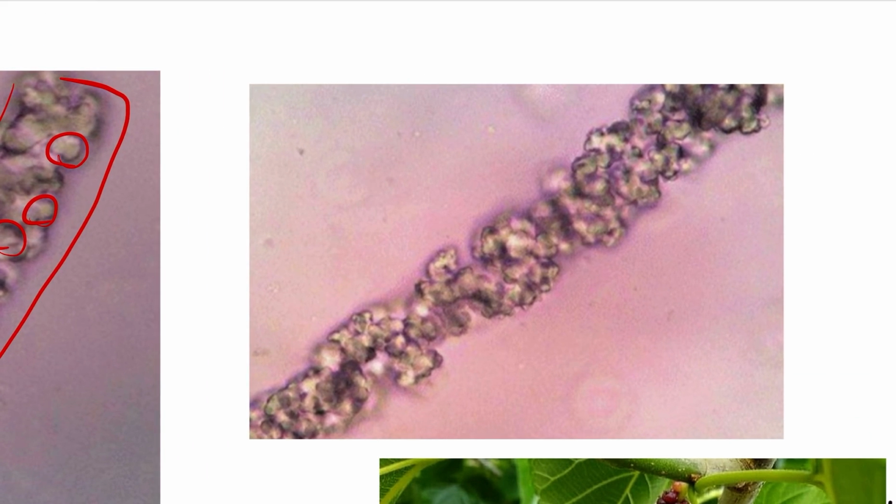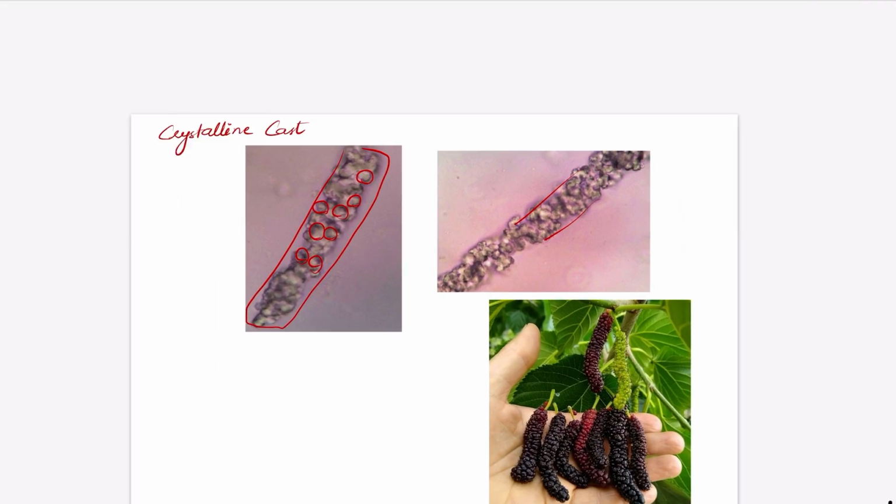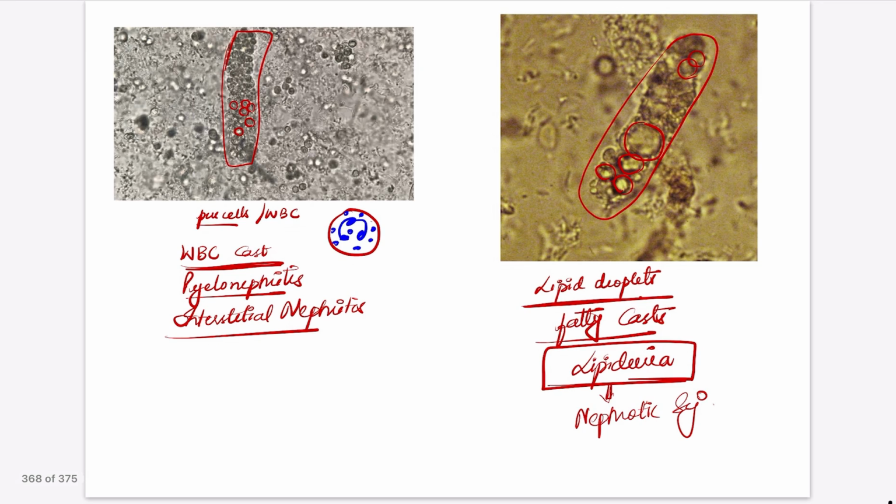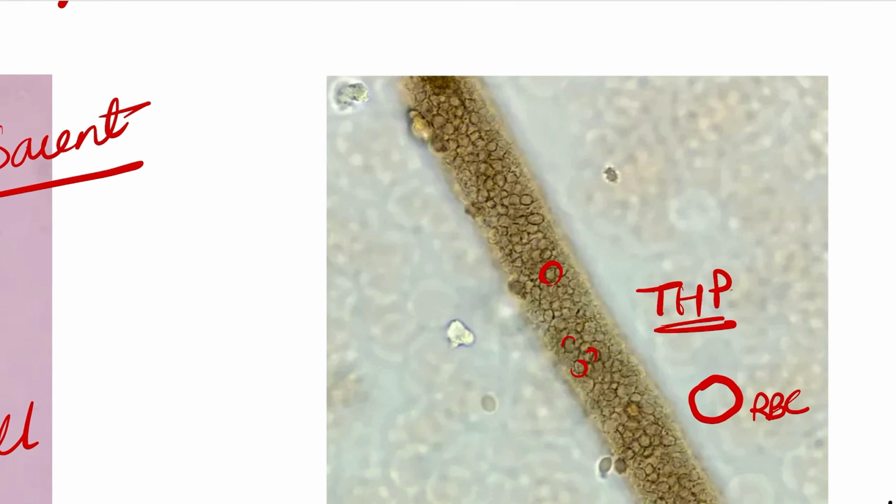You can also wonder whether this is an RBC cast. When we see an RBC cast, the cells are touching one another like a sheet, like how epithelial sheets are spread, lying one after the other.